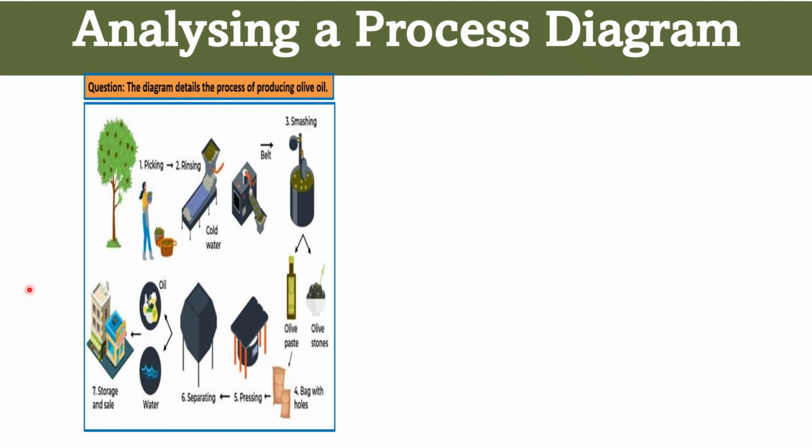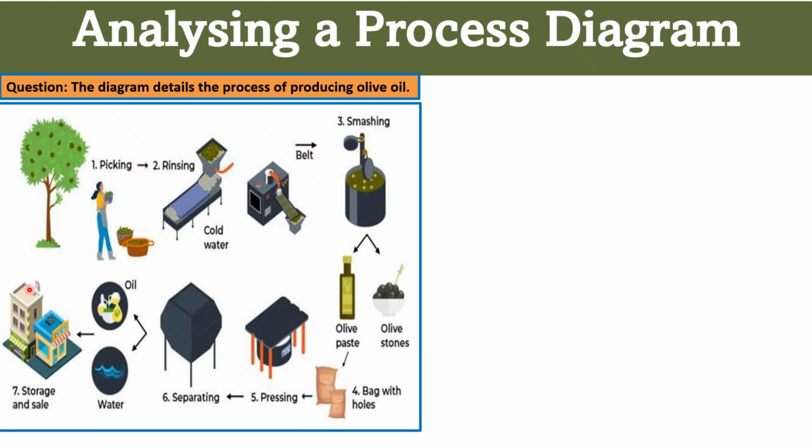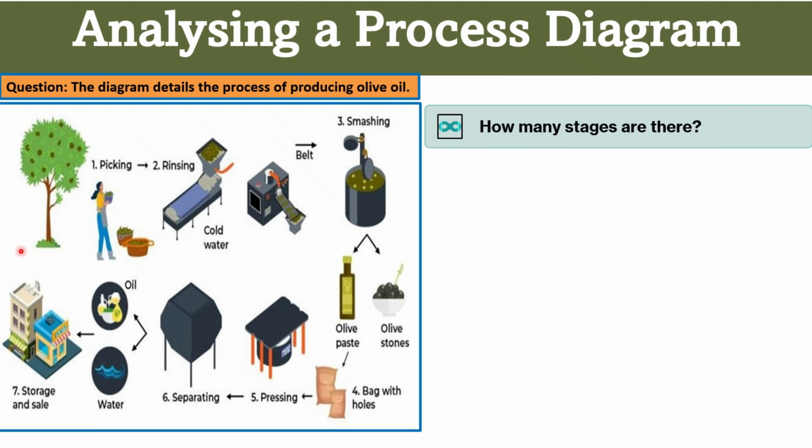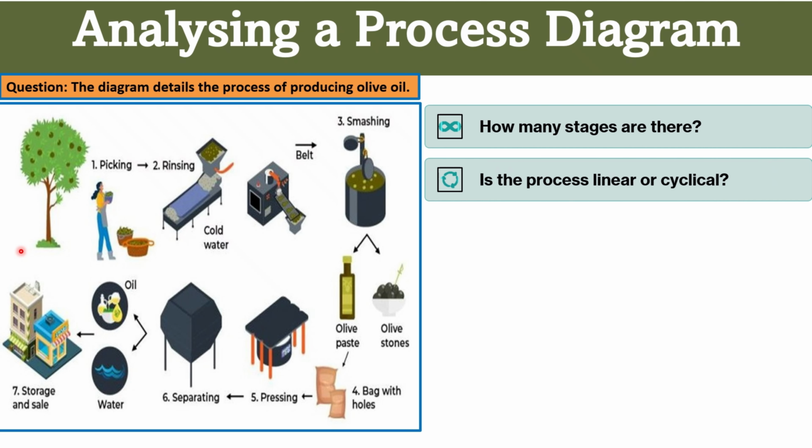Now let's look at a real IELTS Writing Task 1 question. This diagram shows the process of producing olive oil. Before you start writing, take a moment to analyze the diagram by asking yourself these questions. How many stages are there in total? Is it a linear process or a cyclical one?